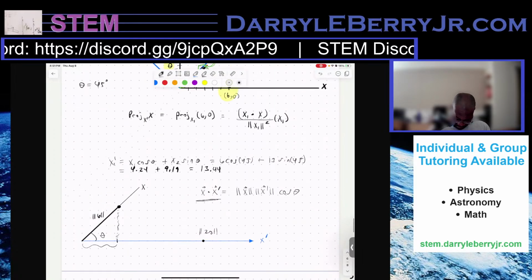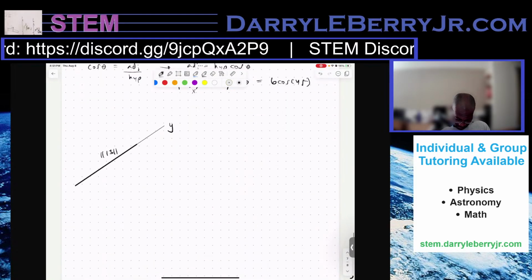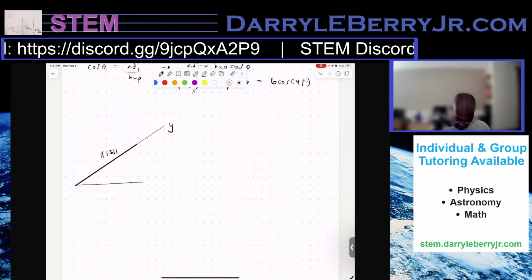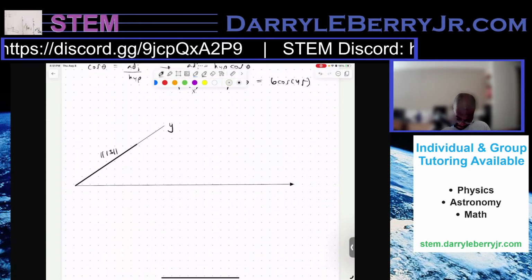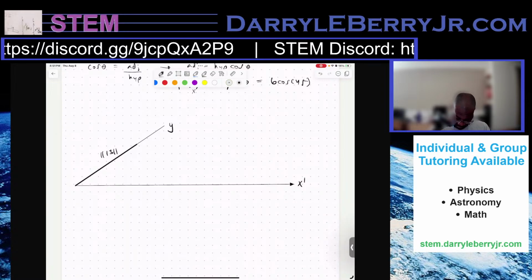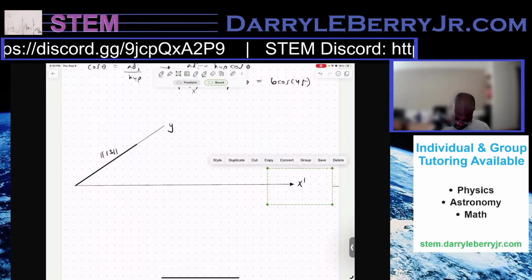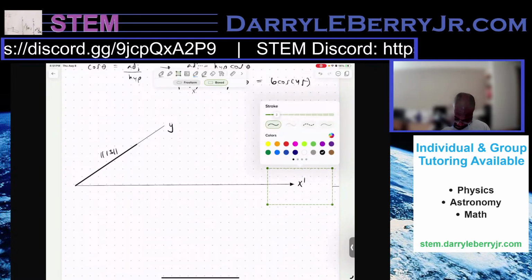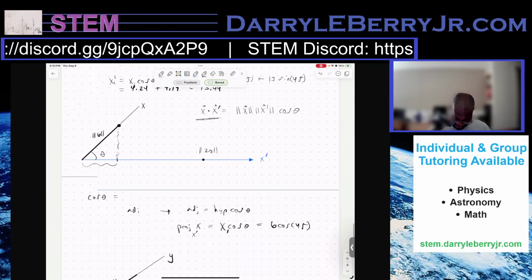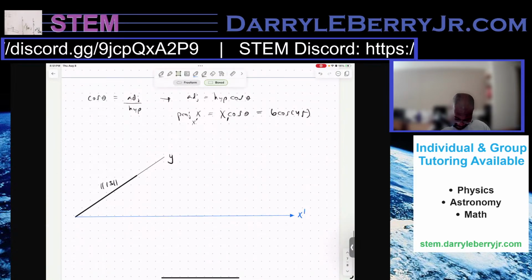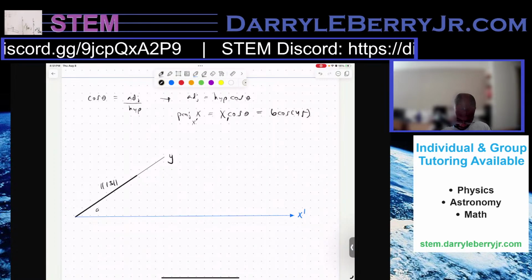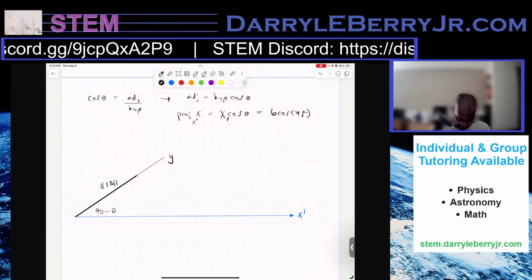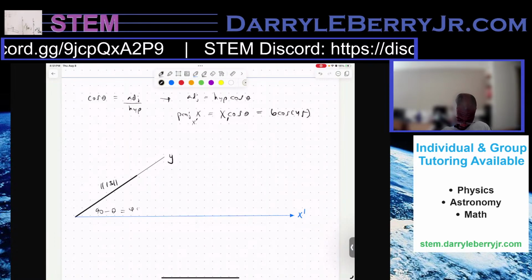And this is still the x prime axis, except now this angle here is 90 degrees minus theta, which also in our case equals 45 degrees.